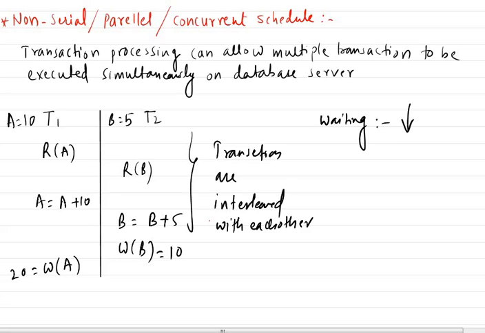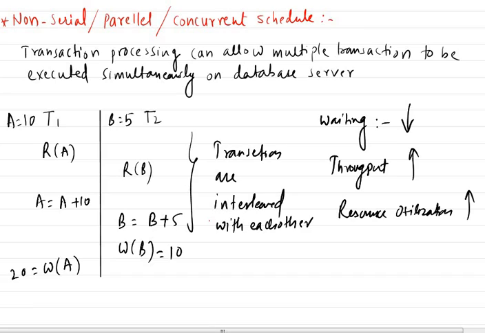In a very small amount of time, thousands or lakhs of transactions can be done simultaneously, and because of that the throughput of the system will increase and resource utilization will be very efficient. These are all the advantages of non-serial, parallel or concurrent schedule.